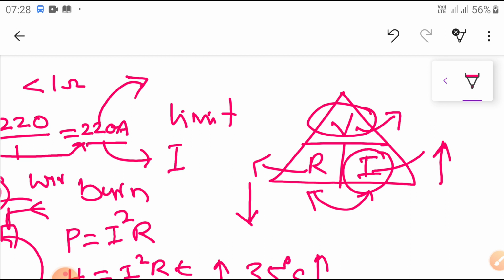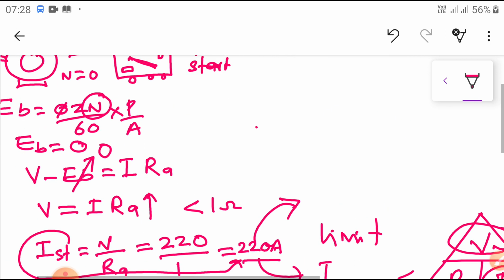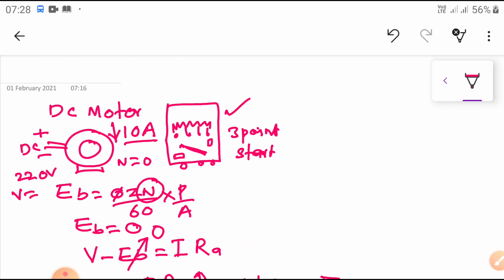That's why she will take some assistance from her home, the mother's side. So that's why it requires some high resistance initially, which is provided in our starter.